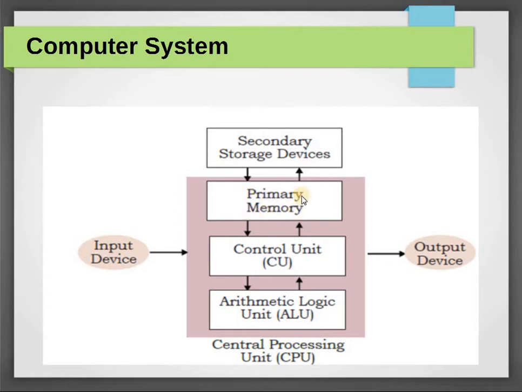And this primary memory is actually a part of memory component, but because this primary memory is mainly embedded in the CPU IC, that's why it is shown in the block here. Here the directed lines represent the flow of data and signal between the different components.